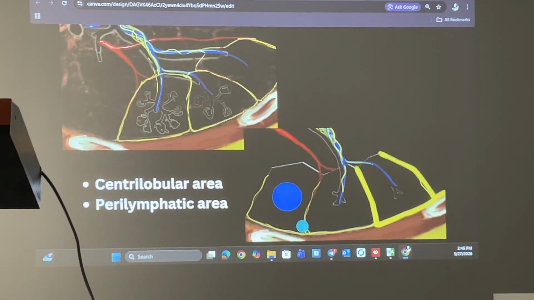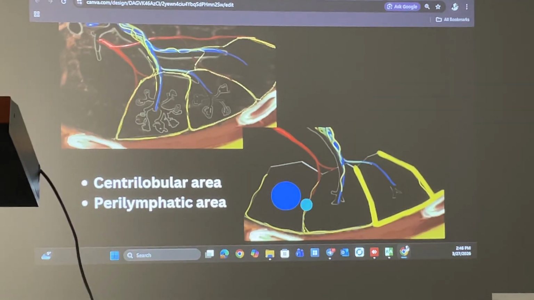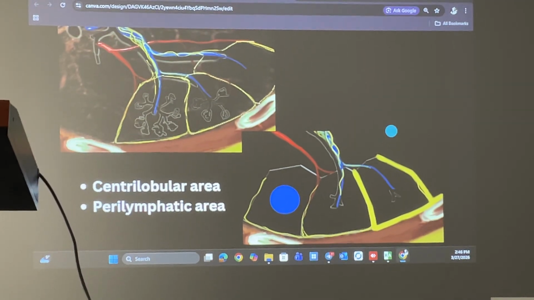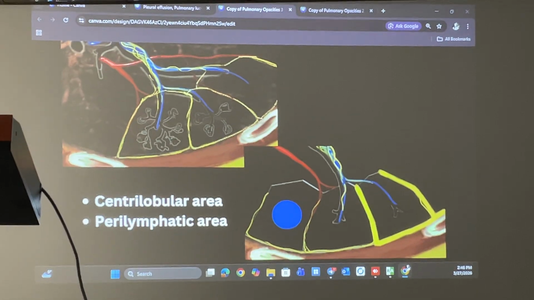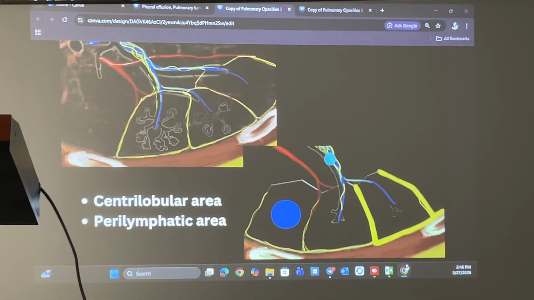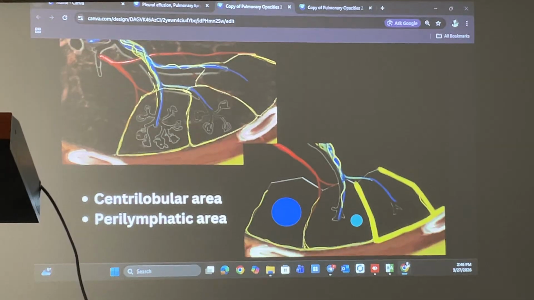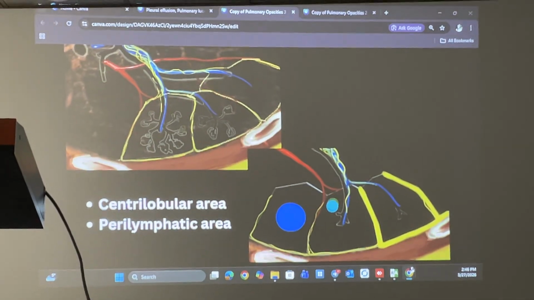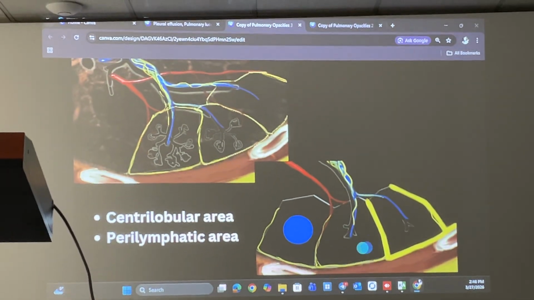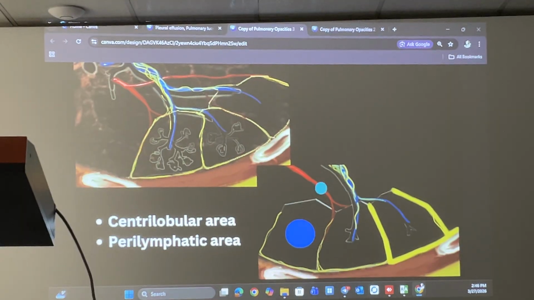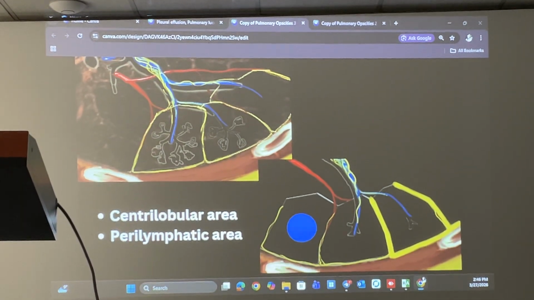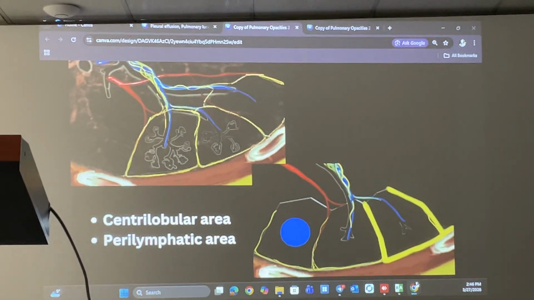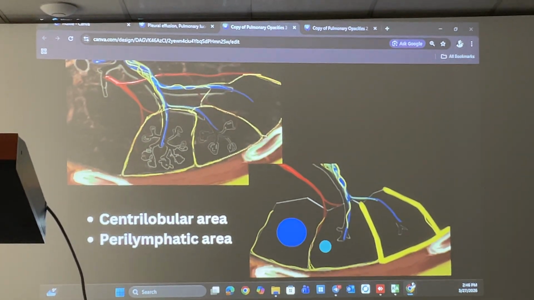Then here we have also the lymphatics in the periphery. Now the centrilobular artery, which is the blue oxygen-poor blood, and the terminal bronchiole run in the center. Lymphatics and veins, which carry oxygen-rich blood, run within the interlobular septum.